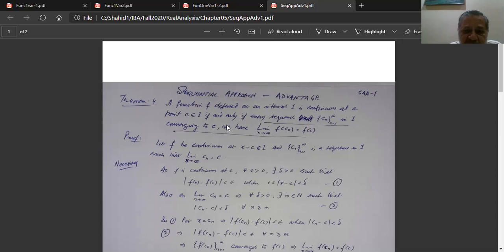A function f defined on an interval I is continuous at a point c belonging to I if and only if every sequence, that means x values से बनी हुई sequence, in the interval I converging to c, we have limit n approaches infinity of the images of the sequence, every sequence that converges to c, the limit of the images of the sequence is f(c).